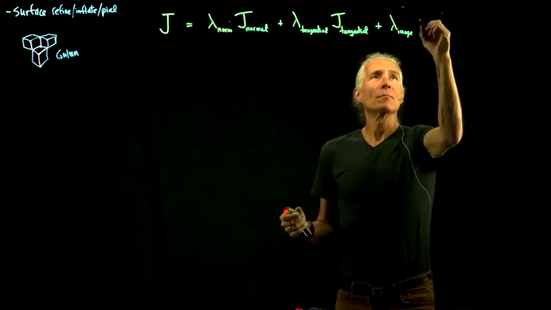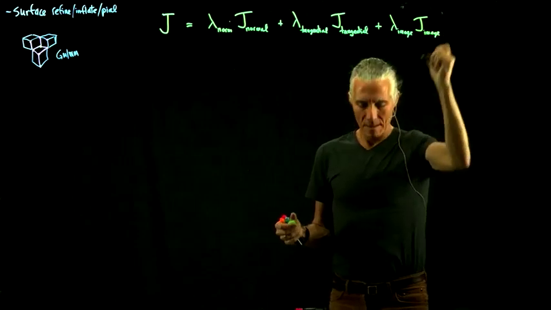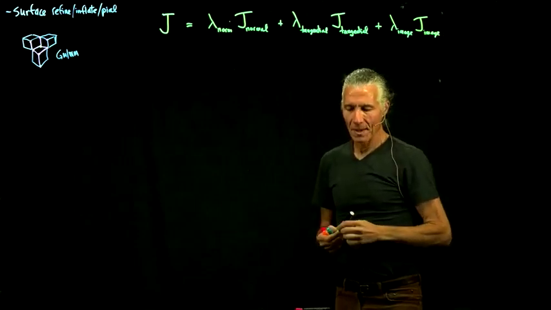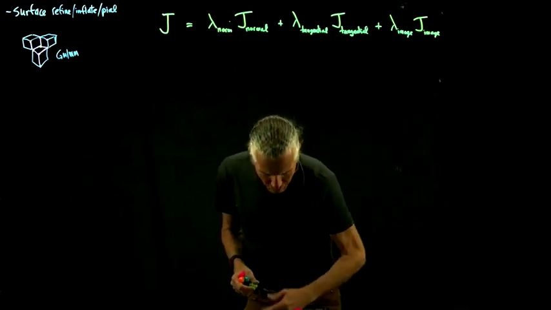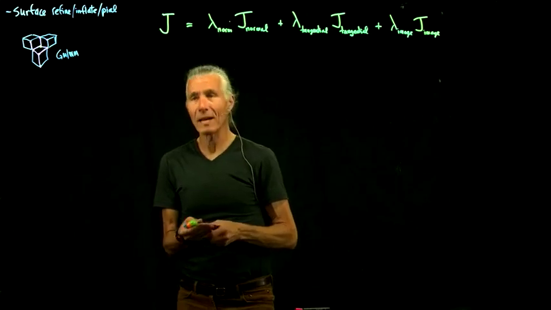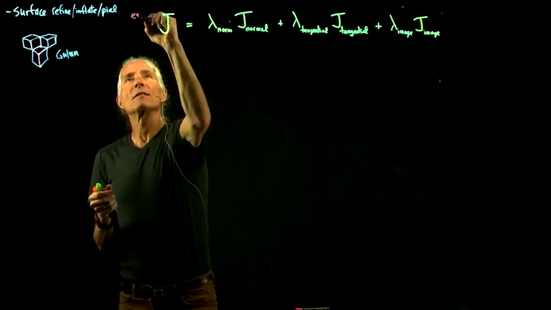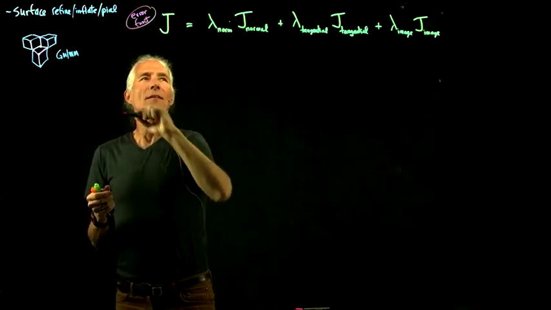And so there'll be an image error here. That's our error function before we expand it. The error function that we want to minimize.